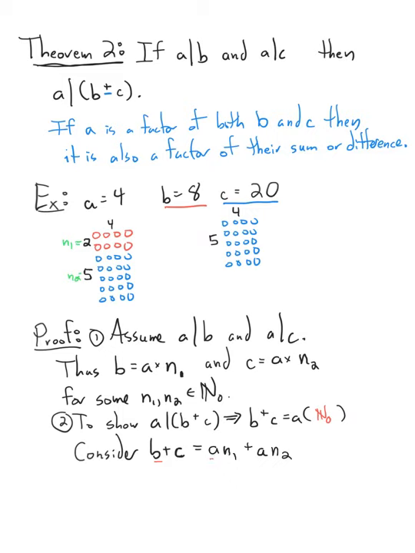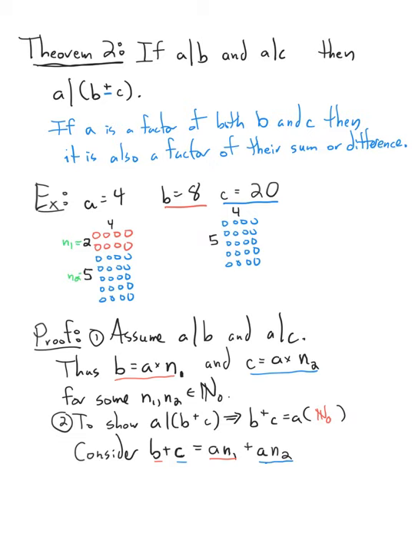Here's my B, and here's my C. And again, we want to write this as A times some whole number.